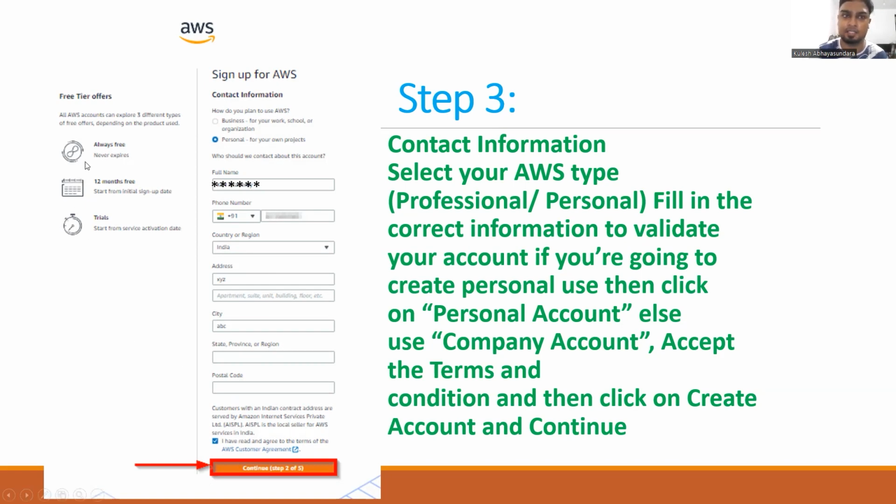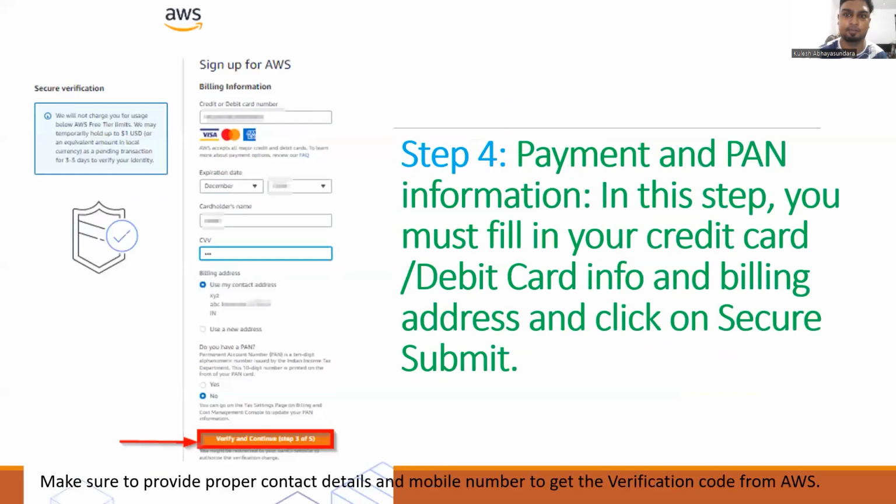All right. Here, we know that AWS is always free, and it provides us 12 months free access to the AWS platform. And you can do trials and start your own AWS account. Next thing, we'll use continue, step 2 of 5.